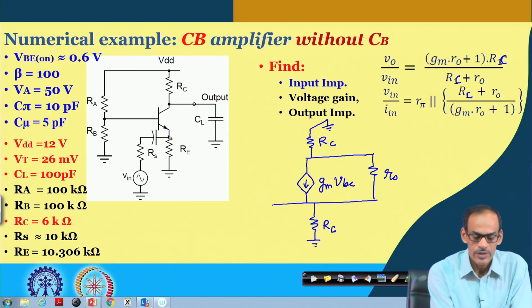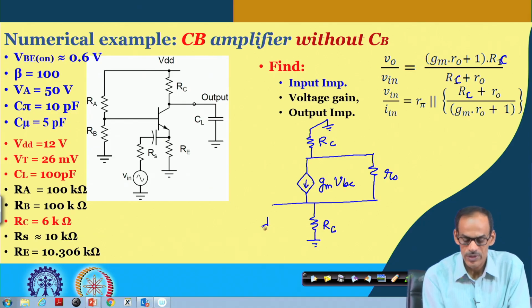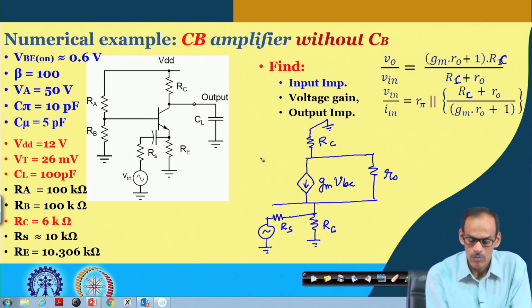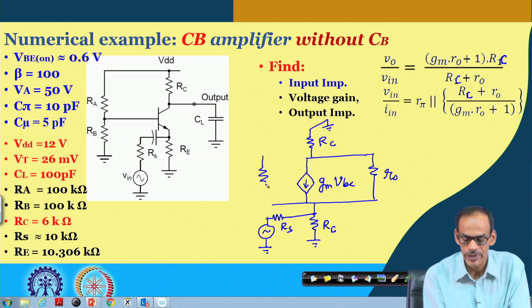At the emitter node we are feeding the signal through the signal coupling capacitor, and let its source resistance be Rs. This equivalent circuit we have already discussed.